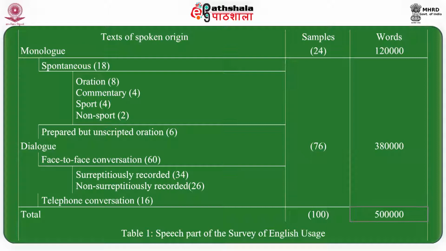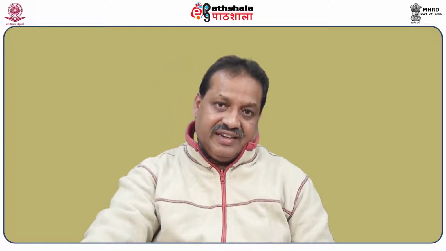This speech part of the Survey of English Usage maintains clear distinctions between text taken from monologues and dialogues. That is also required because we know the construction of texts in monologue and the construction of texts in dialogues are two different strategies.